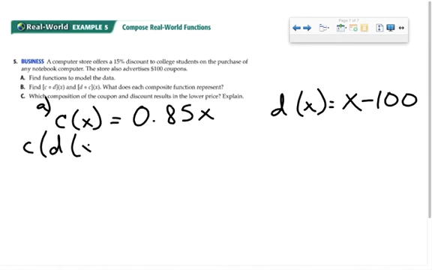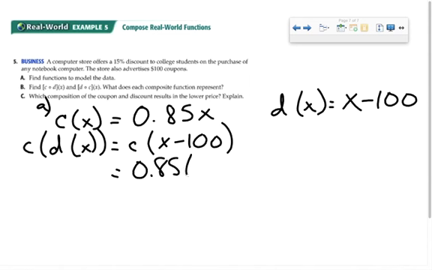So finding the C of D of x, that becomes the C of x minus 100, which means I'm taking 0.85 times x minus 100.